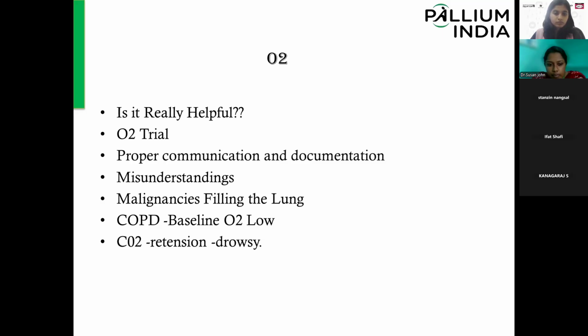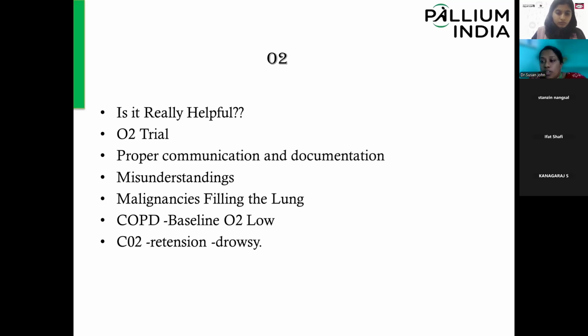Because the oxygen and blood equilibrium will take about 10 minutes. If the patient is getting any benefit from this oxygen, it will show within 10 minutes of starting oxygen. If the patient is better with this oxygen, we will continue it. Otherwise, we will stop it.